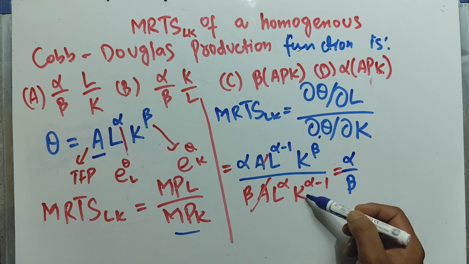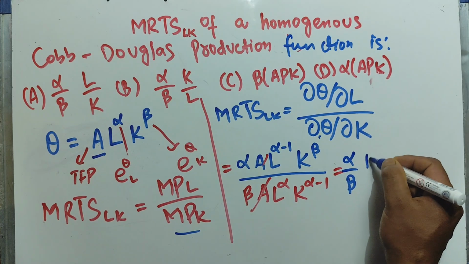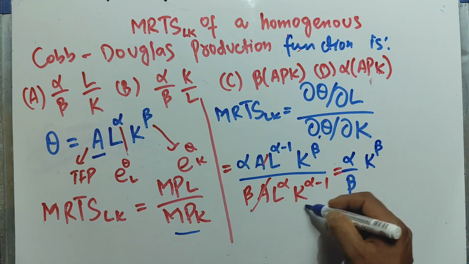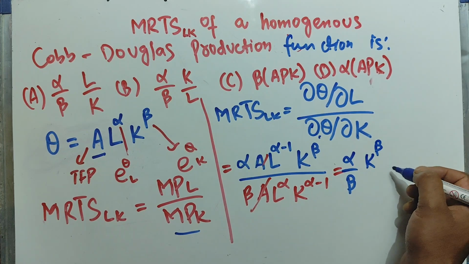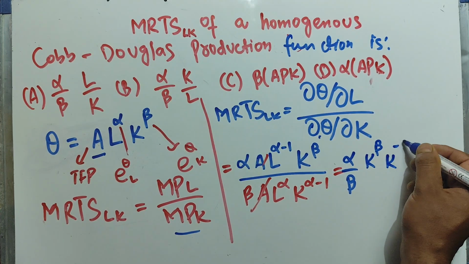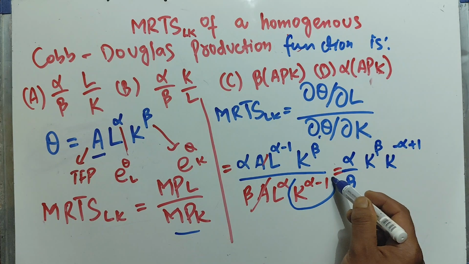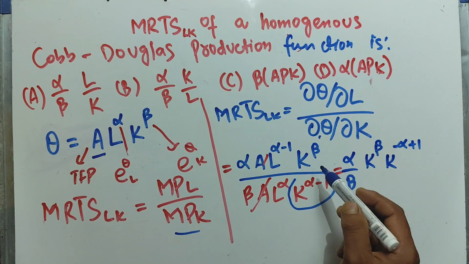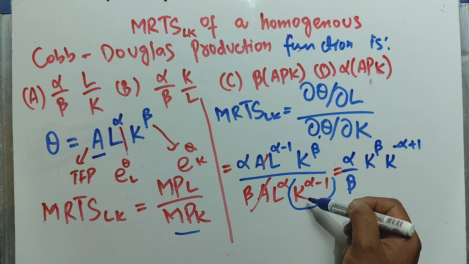Here let's transpose this term to the numerator. So in the numerator we have K to the power beta. Transposing this, the exponent sign changes, it gets multiplied with the term in the numerator, so we have K to the power minus beta plus 1. When we transpose any term from denominator to numerator, it gets multiplied, but the exponent sign is changed.